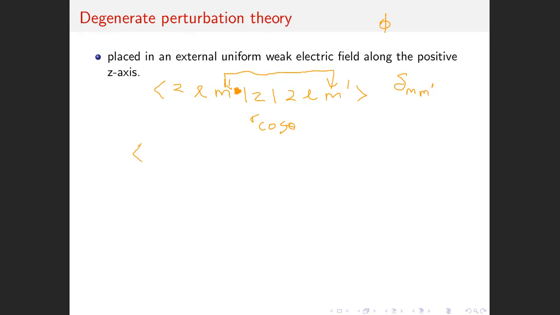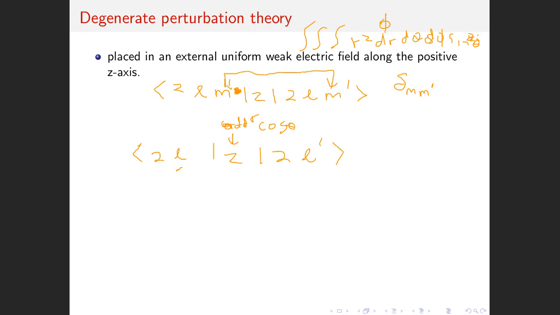So you are left with 2 L, Z. Now Z is odd. Remember that this is just a shorthand notation for the integral over r squared dr d theta d phi with sine theta. So Z will be odd, then you're left with 2 L prime.